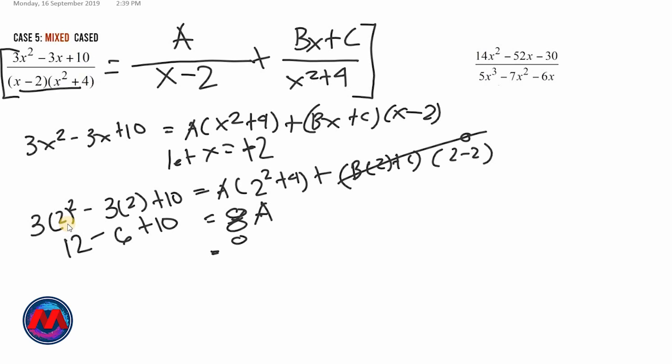So that's 8A equals 12 minus 6 is 6, plus 10, that's 16 over 8. A is equal to 2. A is equal to 2.